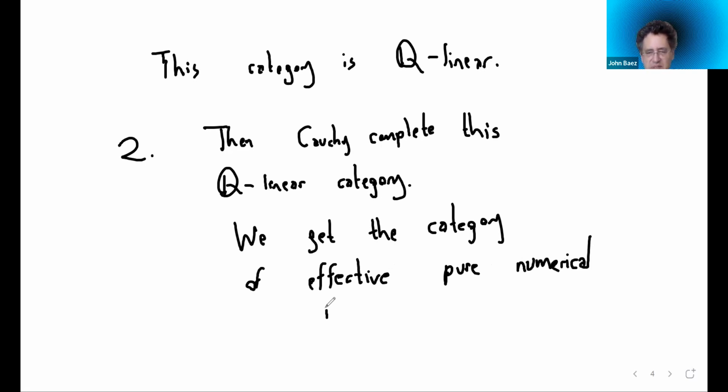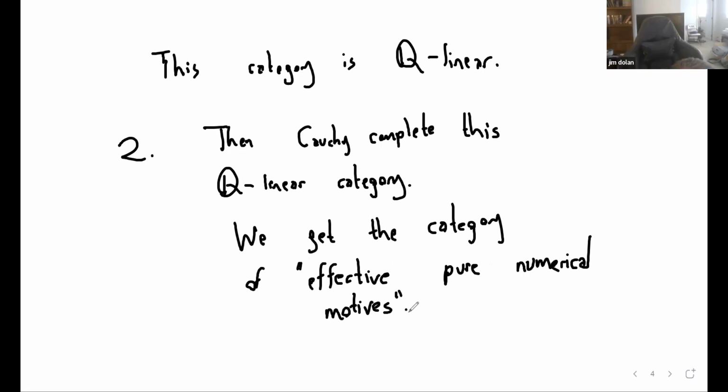Numerical just meaning because we're using this numerical equivalence relation. I'm not going to say all this stuff all the time, but there are so many knobs you can turn. You have to be careful when you're reading stuff. Okay, so that's pretty nice.